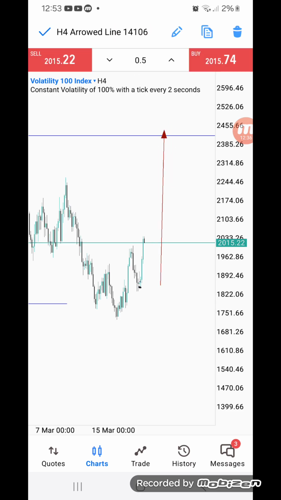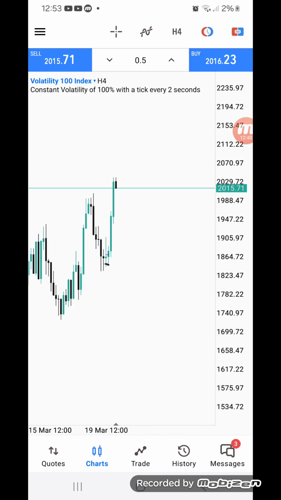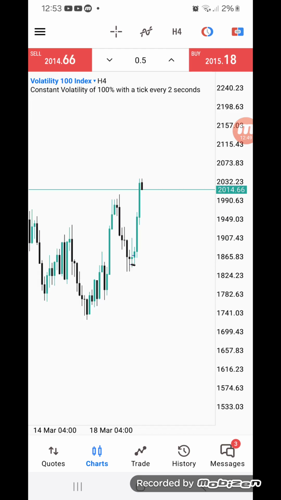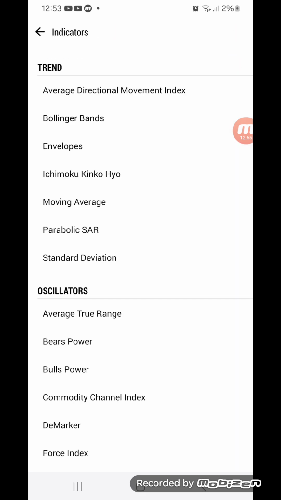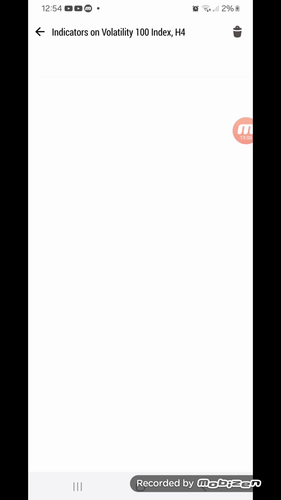Now, where does the final strategy come in? This is the divergence. Divergence is also a very good strategy for confirmation, and we are going to use the awesome oscillator. Let's apply the awesome oscillator. It's here.